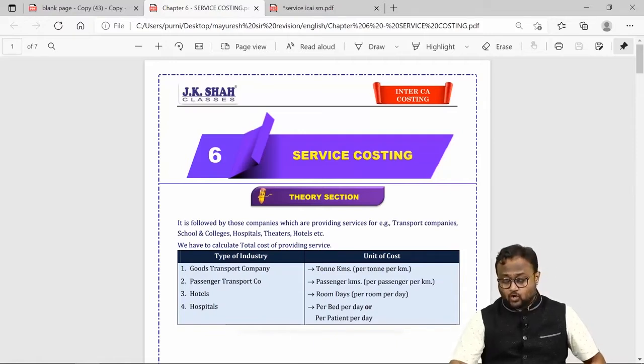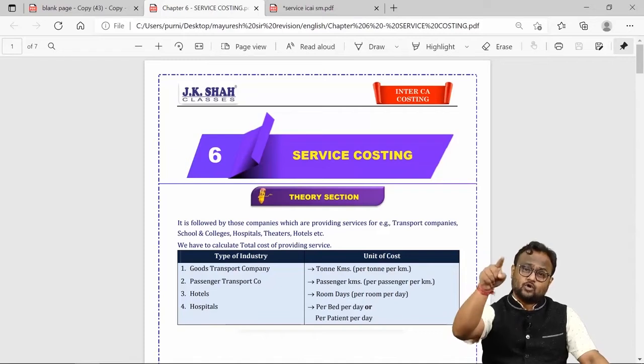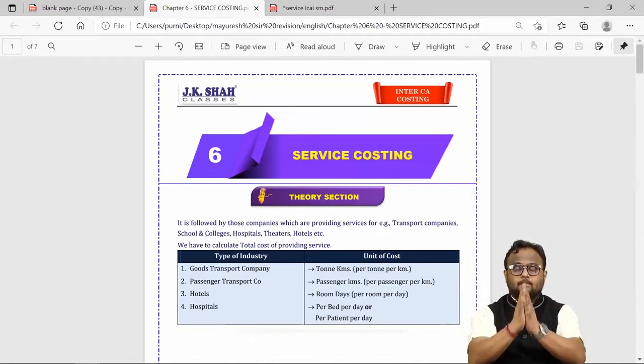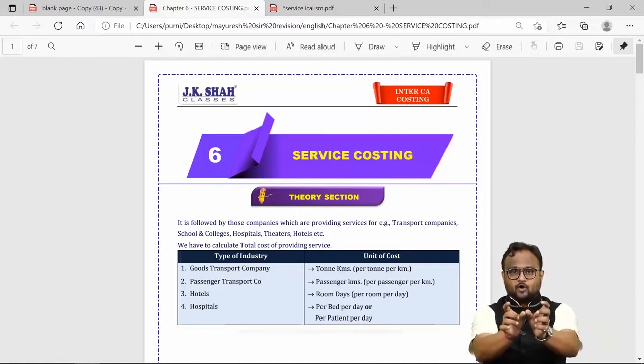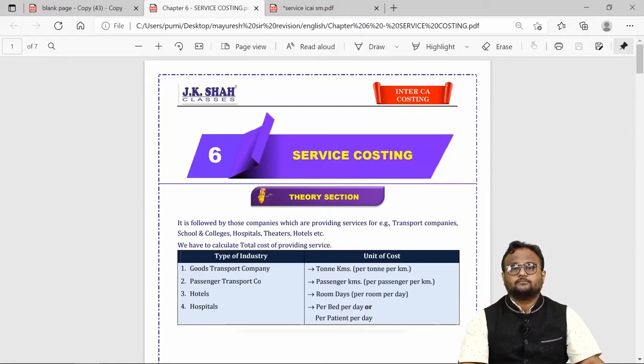So if we want to know cost per passenger kilometer, your total cost should be divided by total passenger kilometers. So take passengers, take kilometers, multiply, get the answer. Finished. If you want per ton per kilometer, then take total ton kilometers, complete it.